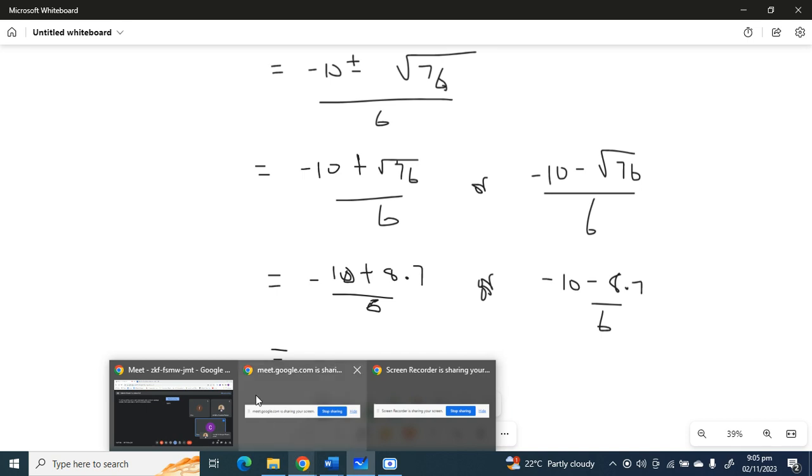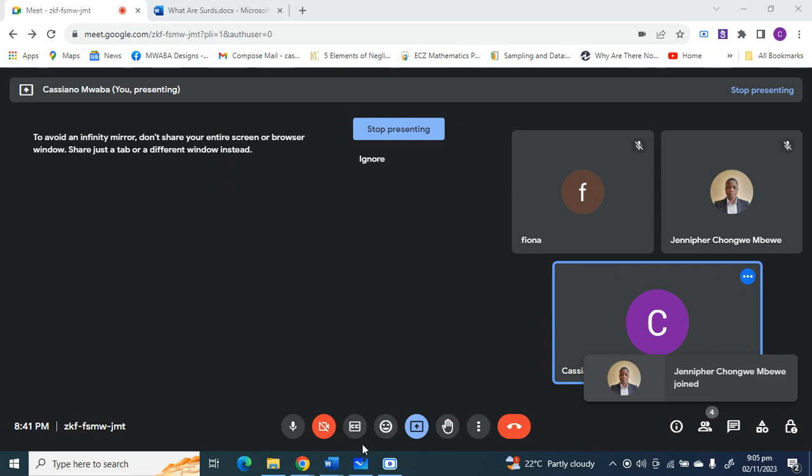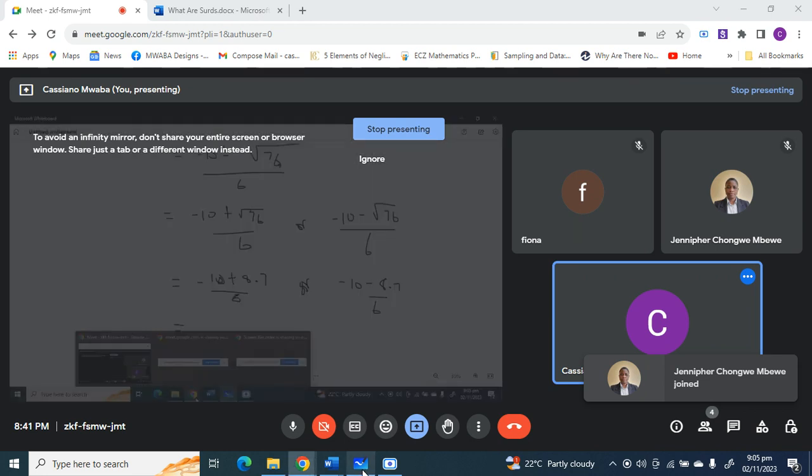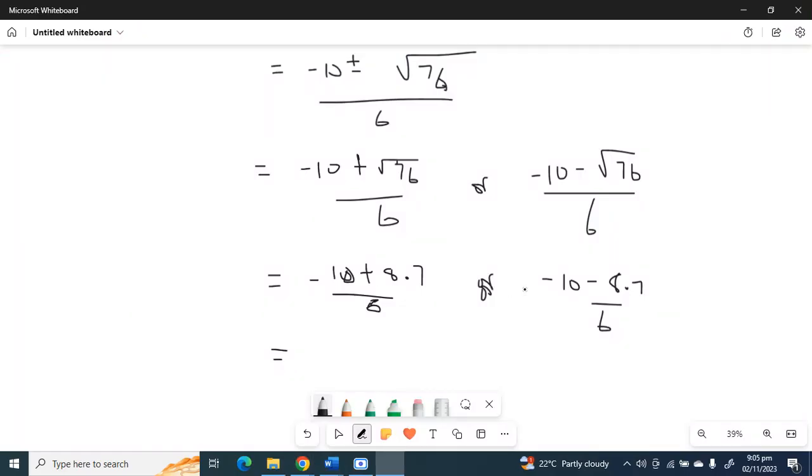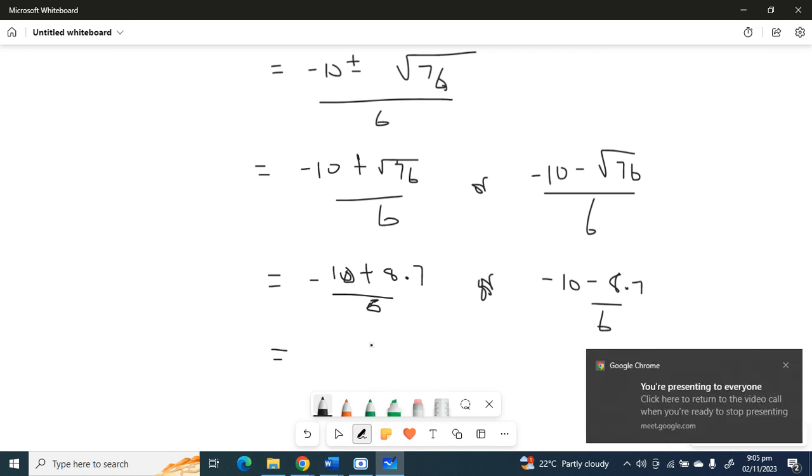Are you both there? Yes, I need both values of x. Negative 8.5.